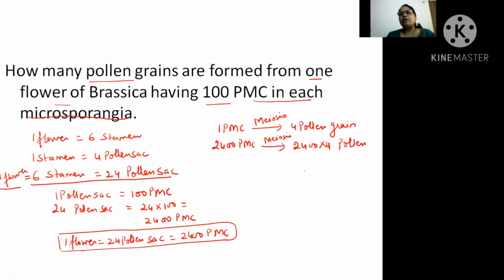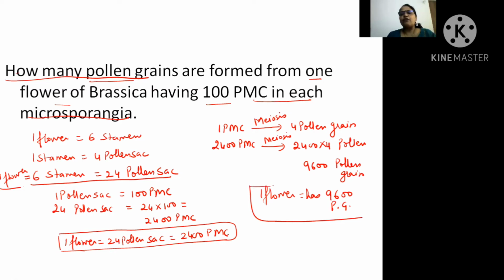I hope you can solve it. You will get the answer 9600 pollen grains. So how many pollen grains will be present? You will say one flower has 9600 pollen grains. I hope this answer is clear, how we are coming to this answer. Let us see the next question.